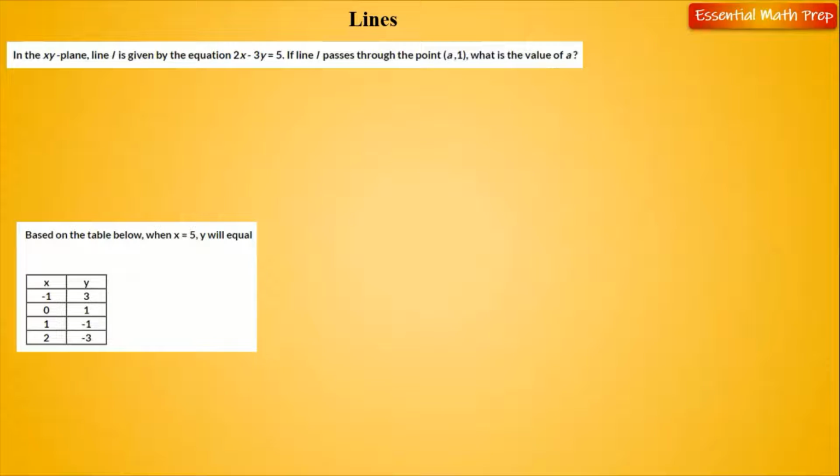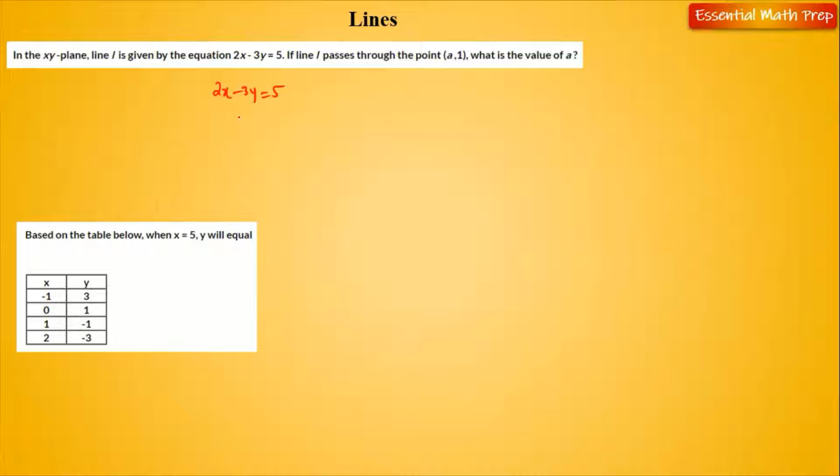So in the XY plane, line L is given by the equation. If line L passes through points A, 1, what's the value of A? Okay, let's first go ahead and write this 2x minus 3y equals 5 in its appropriate slope-intercept form.